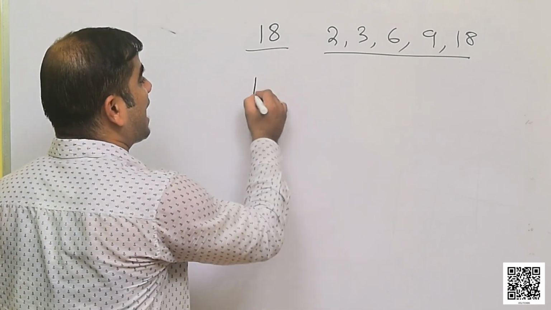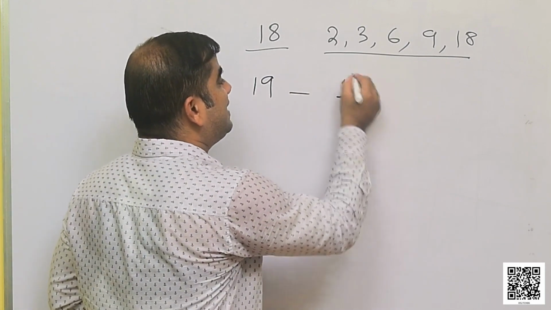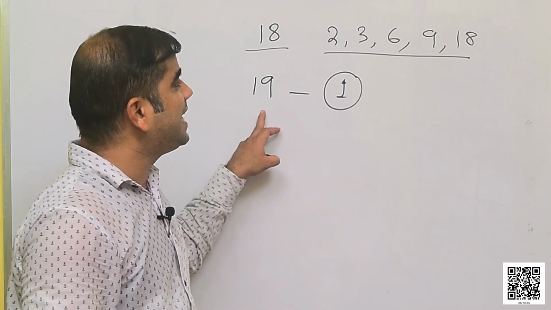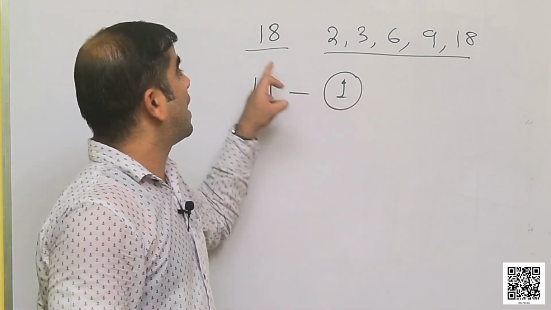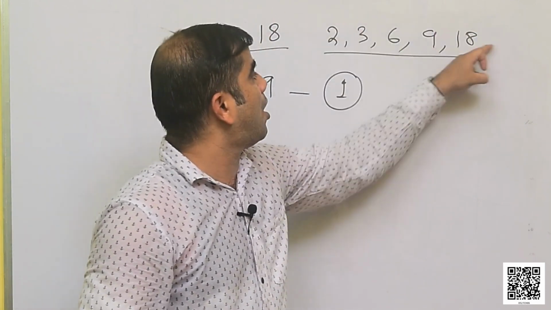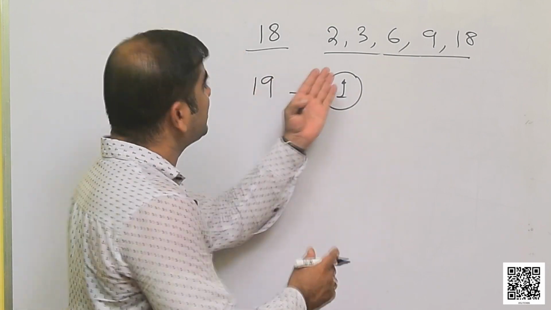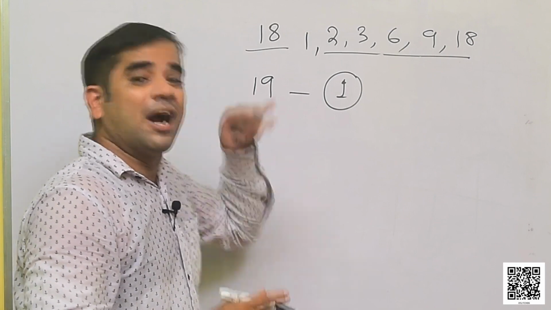If there are, suppose, 19 bangles, so there will be one bangle left to be grouped. So in that case 19 is not a multiple of these numbers, whereas 18 is a multiple of 2, 3, 6, 9, 18, and as all these numbers including 1, they divide 18 completely.